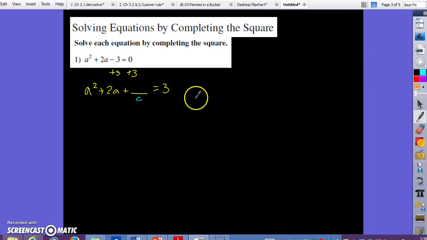Here's B, so I need to take B and half it and square it in order to find the C value. So that means I'm going to do 2 divided by 2, which is 1, and square it. So that's going to give me 1.